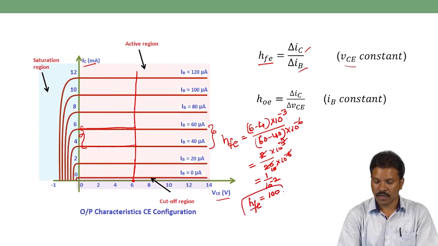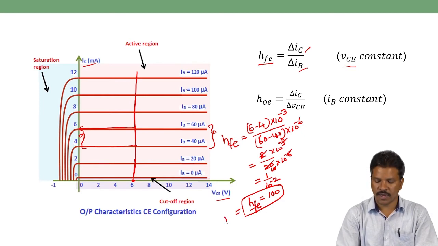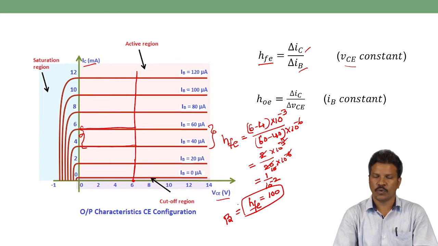In DC analysis, this HFE can also be called beta, the current gain in common emitter configuration. The range of beta is always some 50 to 200. So from this characteristic graph, beta or HFE is equal to 100.